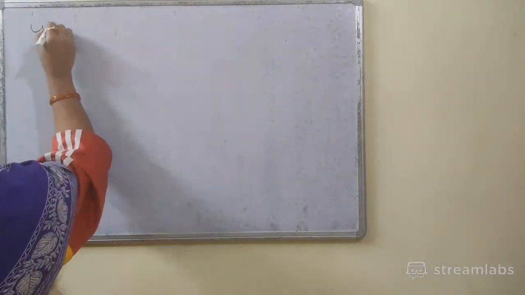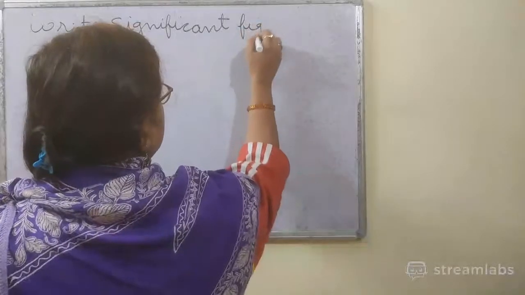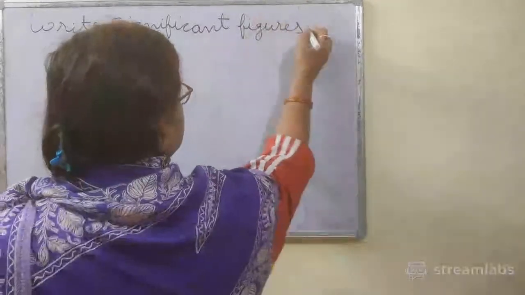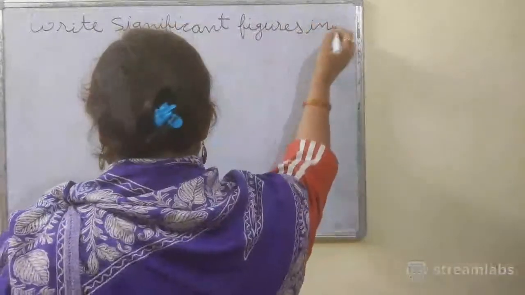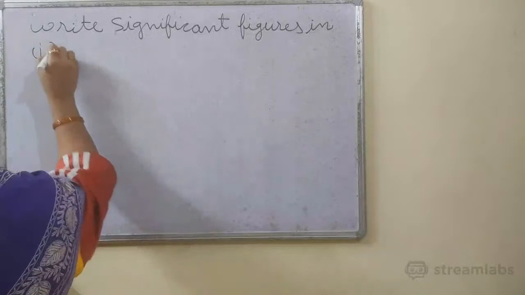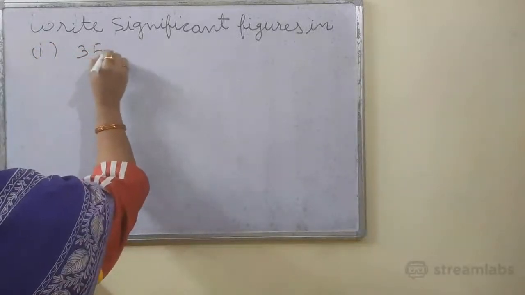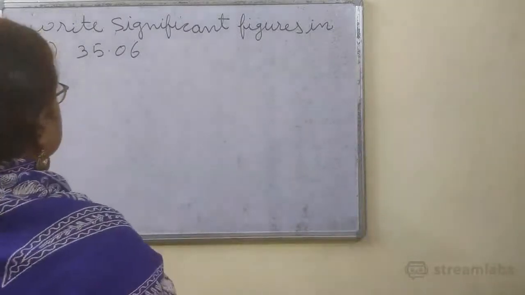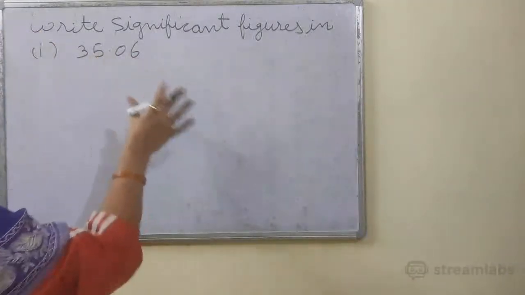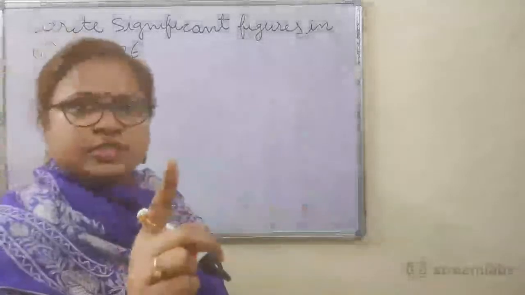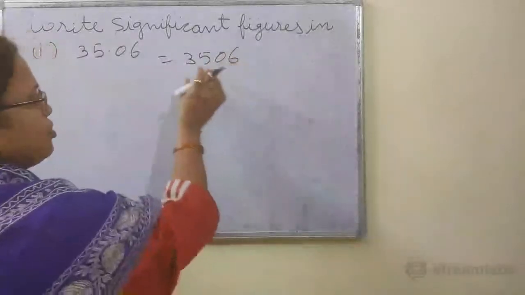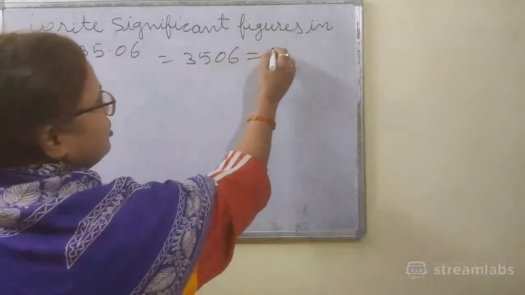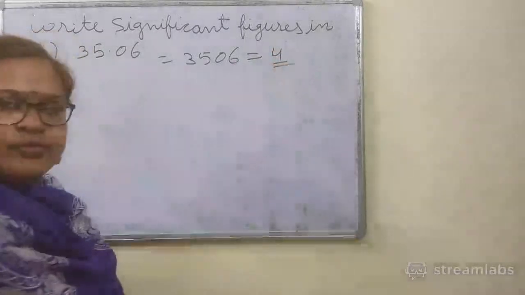Significant figures in the number 35.06. Clear? 35 point, what is 06? So how many digits here? 4. So your answer will be 4.